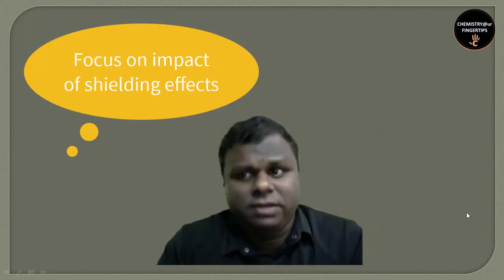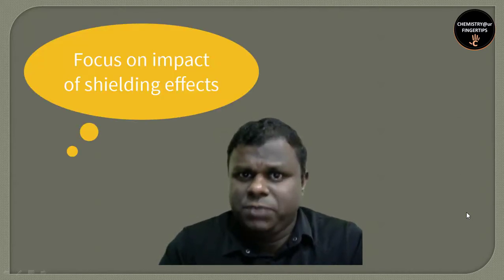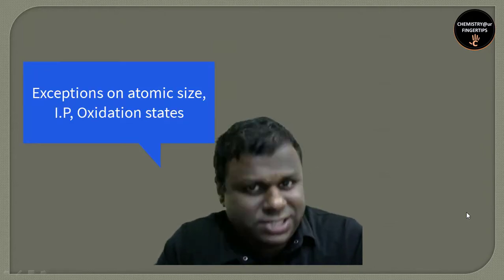Now please do not ignore the exceptions. I would say you are supposed to do the exceptions in a much more thorough manner. It's pretty important because a lot of questions are expected. They are asked in the exams as well, whether it is NEET or JEE Mains or CET. So please make sure you do all the exceptions.